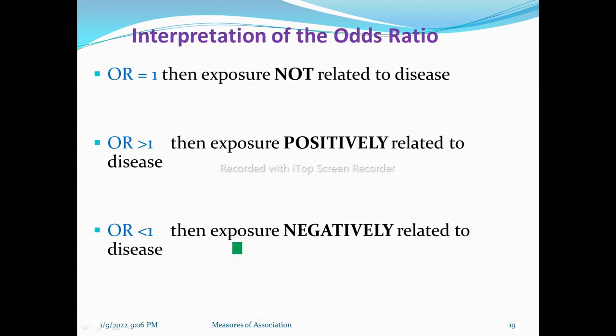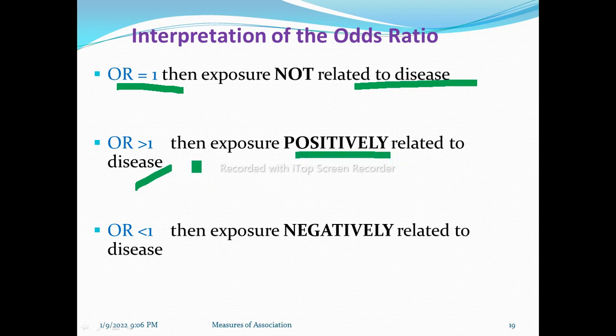Interpretation: if odds ratio is 1, the exposure is not related to disease, meaning there is no relationship between exposure and disease. If odds ratio is greater than 1, exposure is positively related to disease.